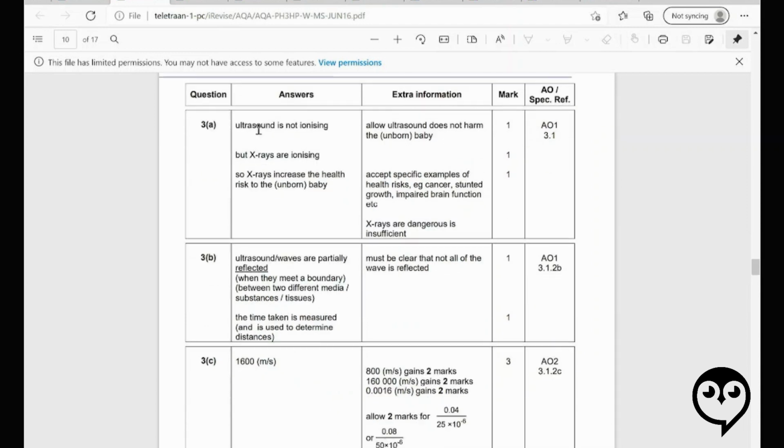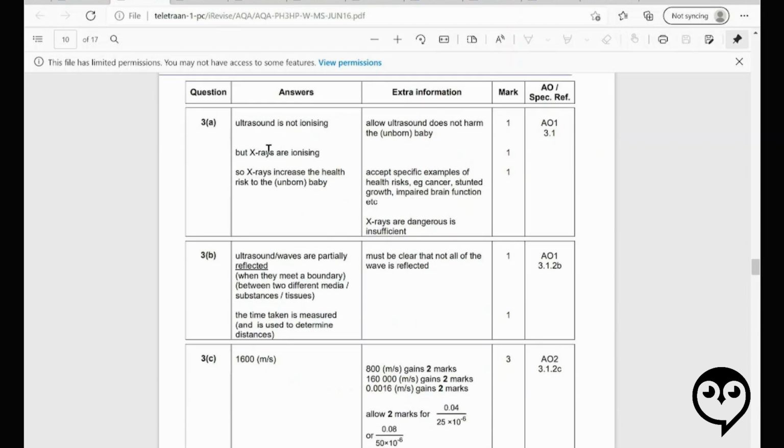Let's look at the mark scheme real quick. Yes, ultrasound's not ionizing, X-rays are, and they pose a risk. That's fine. Don't say they're dangerous. That's not good enough. You can talk about how it could do something to the cells, something like that. They give some different examples here. I think Edexcel is usually more about mutating the cell, altering the DNA, causing cancer.